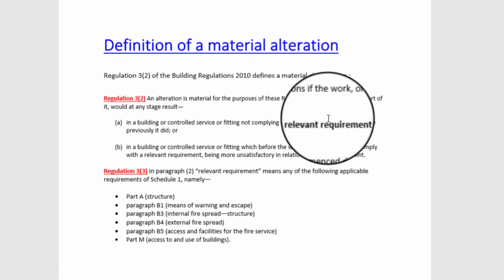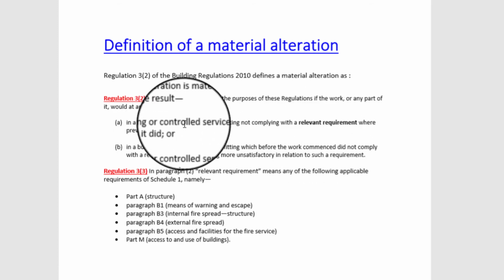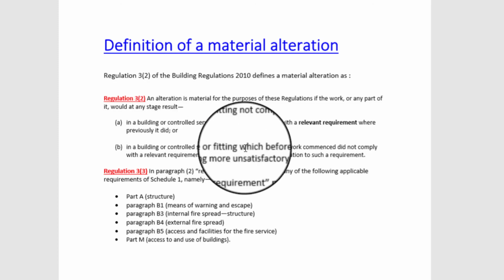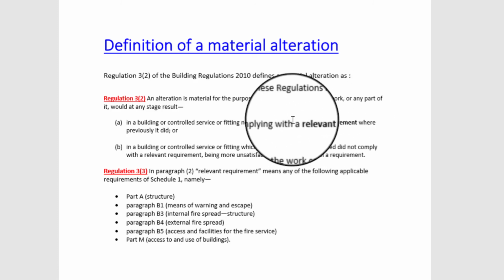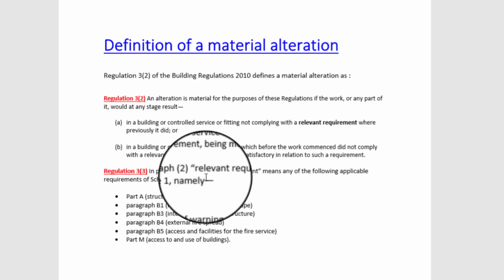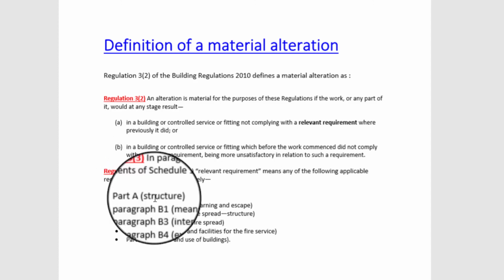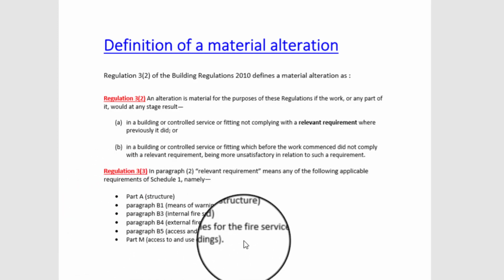That would typically occur when you've got loft conversions being put on and the ground floor is open plan. In that instance you're making it worse by putting a loft conversion on, and what this is ultimately saying under regulation 3.2 is that you can then control it and tell them to put back things that have been removed, like fire protected corridors, etc. Now you've got to look out for the words relevant requirement, and regulation 3, subparagraph 3 defines what a relevant requirement is, and I have listed all of the relevant requirements at the bottom here.